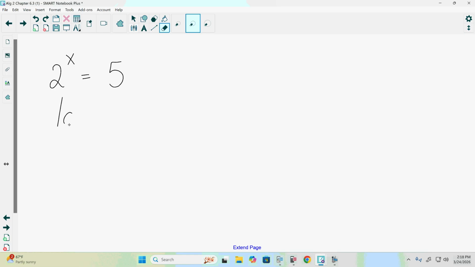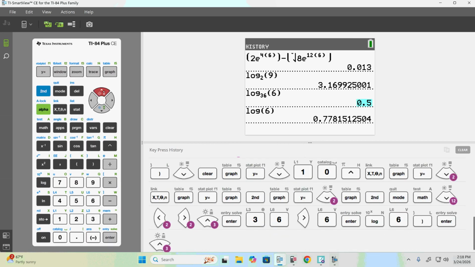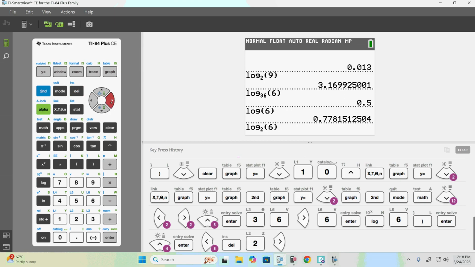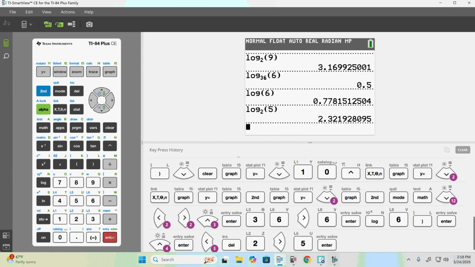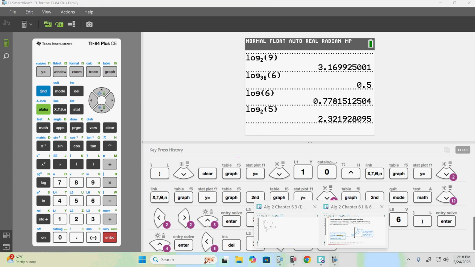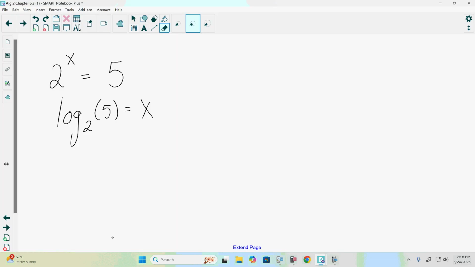So this here as a logarithm would be log base 2 of 5 is equal to x. 2 to the 2.321928095 continuing on is this here. It's an irrational number. This is why logarithms are nice when we don't have this nice power that we can find. But we'll finish this tomorrow.